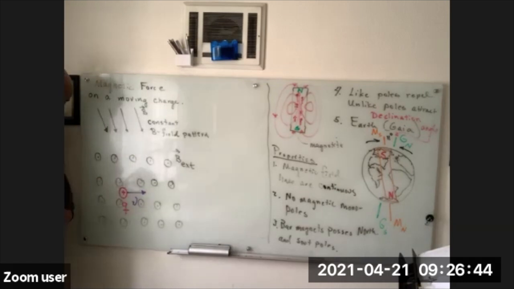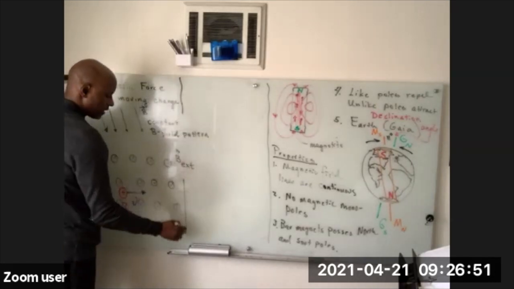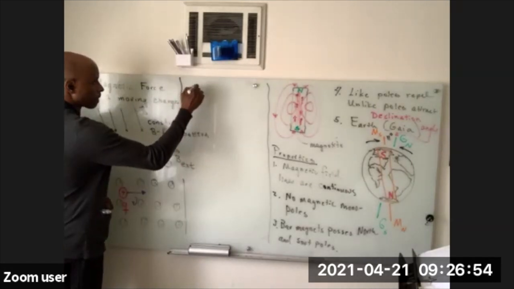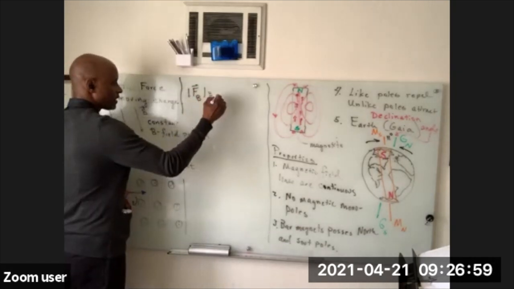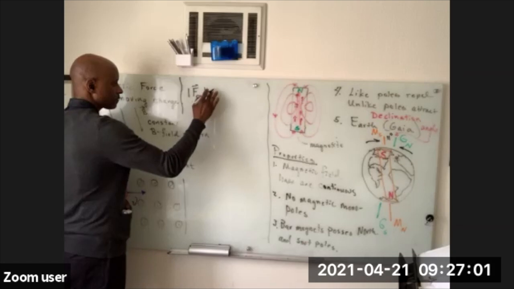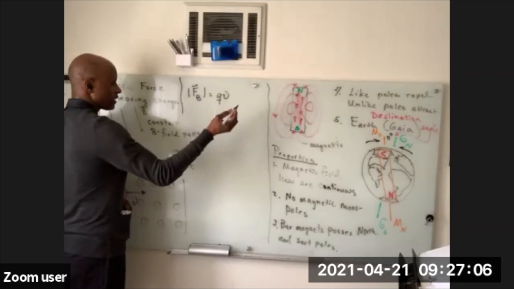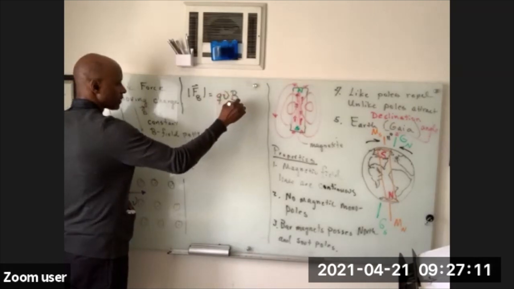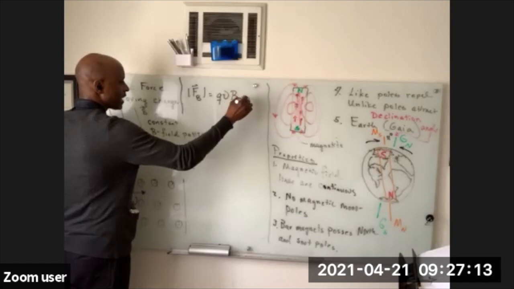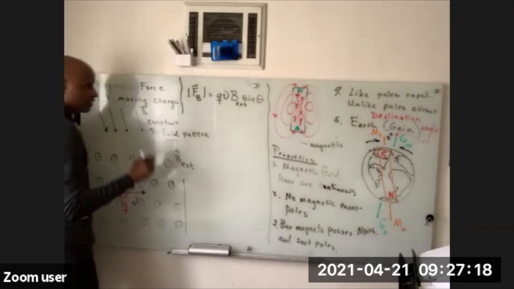And by empirical observation, we find that the magnitude of that magnetic force, which I'm going to designate as F sub B, is equal to the magnitude of the charge times the magnitude of the speed times the magnitude of the external field times the sine of the angle between the direction of the velocity and the direction of the field.